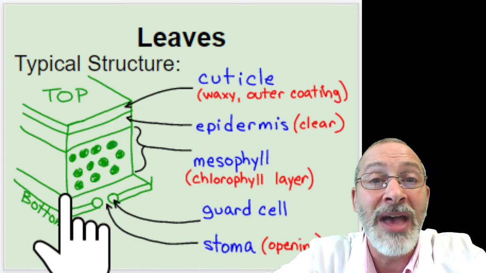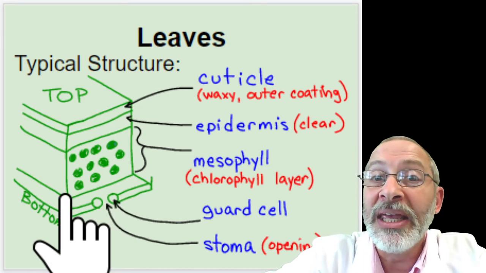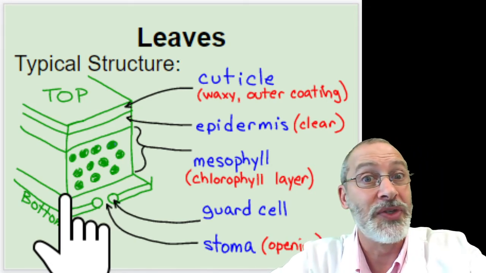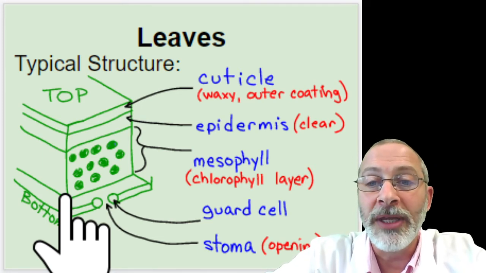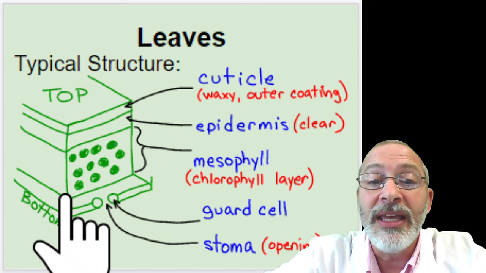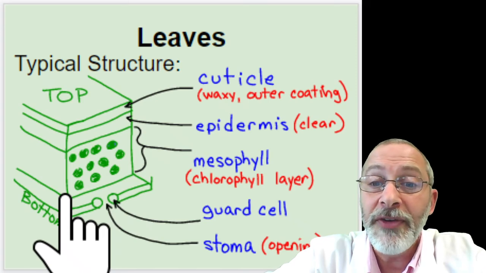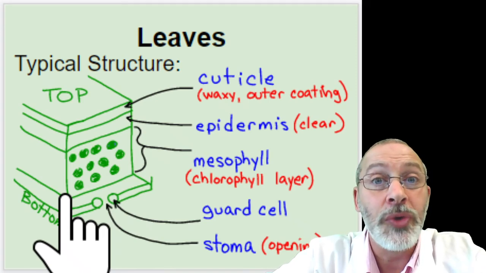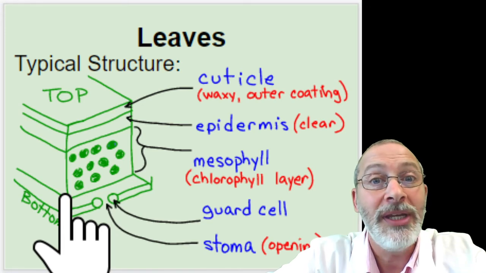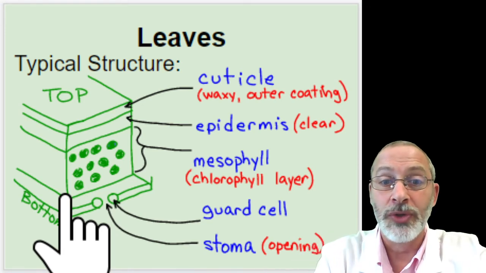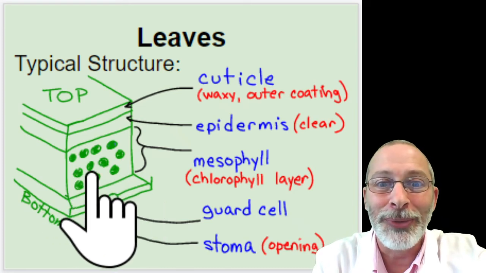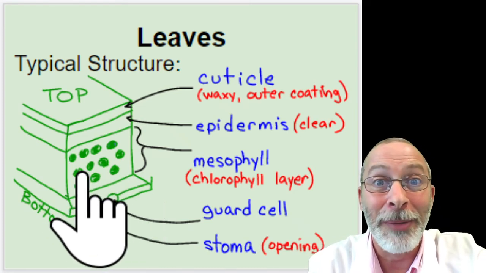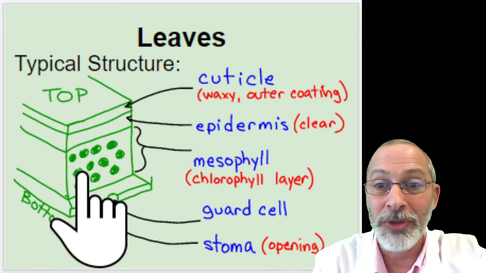And by the way, the prefix meso means middle, like Mesozoic from last year in science. Meso means middle. The mesophyll is the middle layer of a leaf where photosynthesis actually takes place. So it's a good thing that it's clear above it. Otherwise, no light could get through to the chlorophyll. What a bummer that would be. And that poor plant would starve.